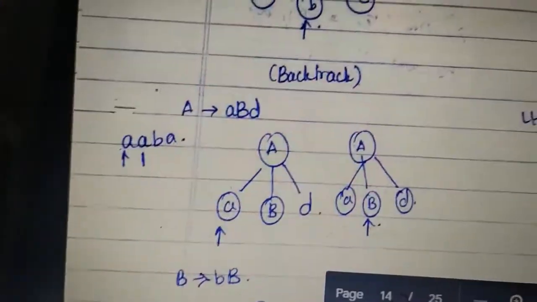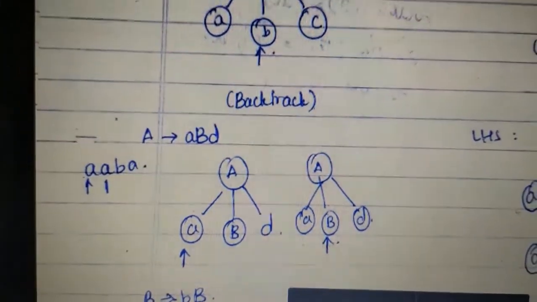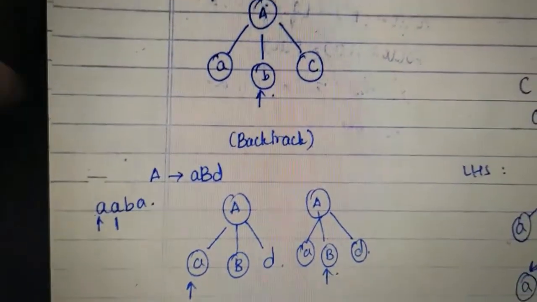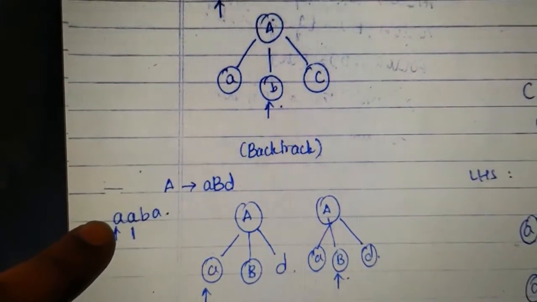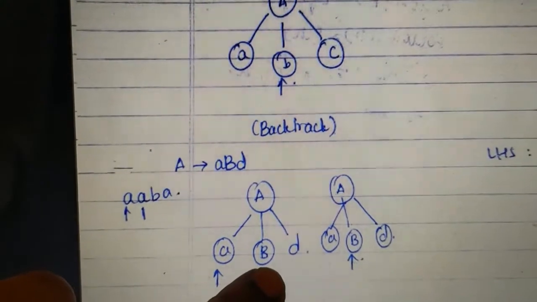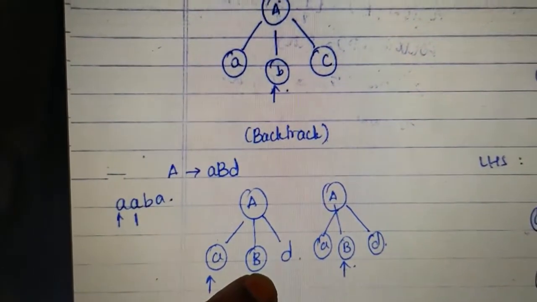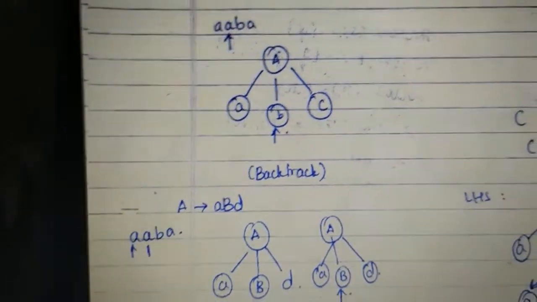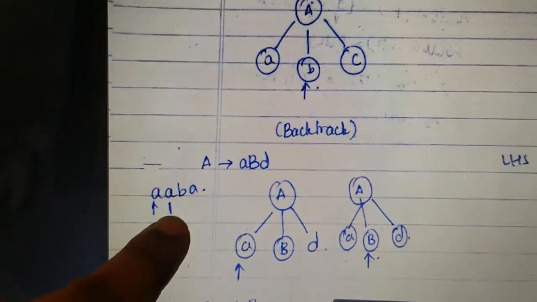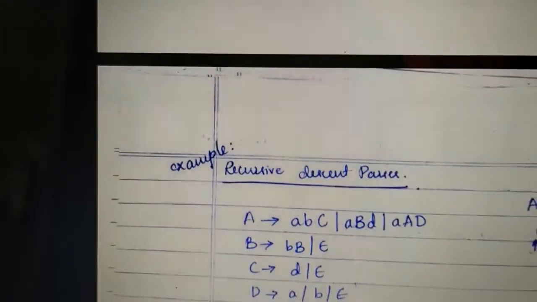We will go with the next production, that is ABD. Again here, what you can see is the first value of A in the parse tree is matching with the first input value, and then we have the next value here, leftmost value, as B. For this B we have to check what the productions are, and whether those productions help us in getting the next input value.